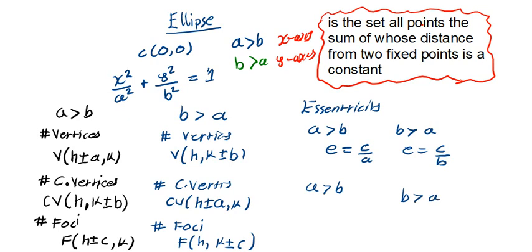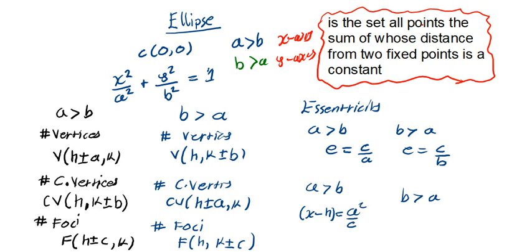So for this one, I'm going to give you when the center of the ellipse is not at the origin but at H comma K. You can indicate it as x minus h equals a squared divided by c.